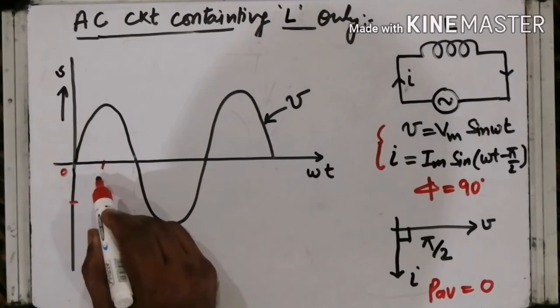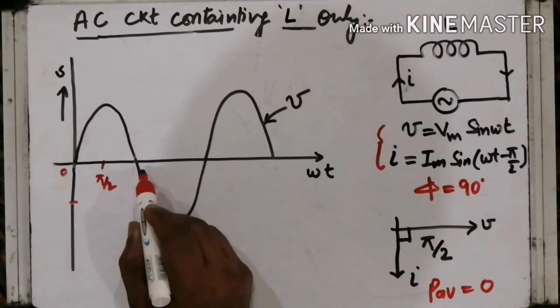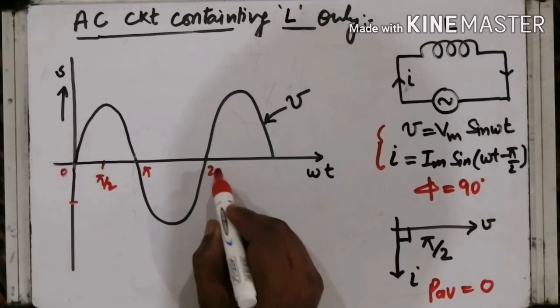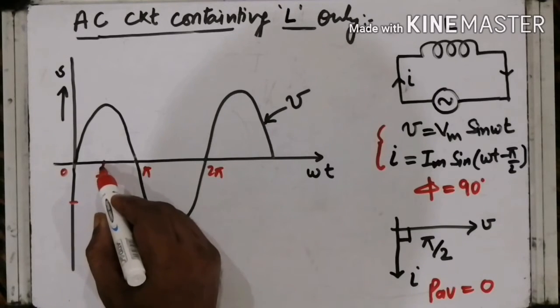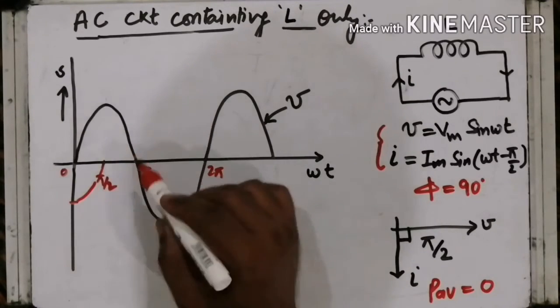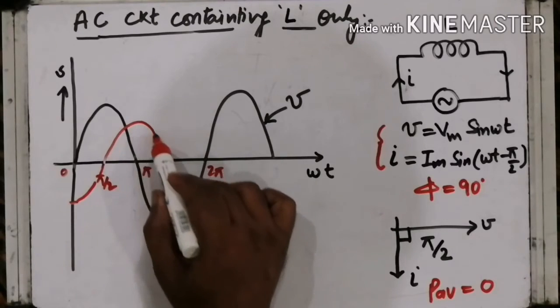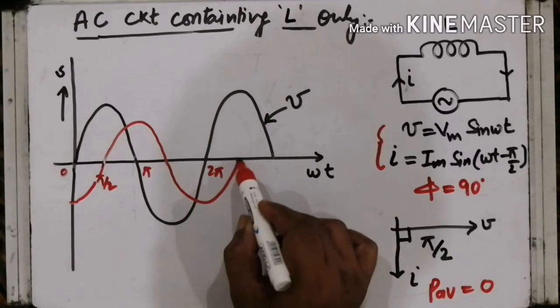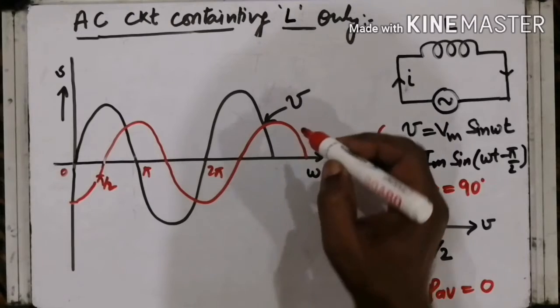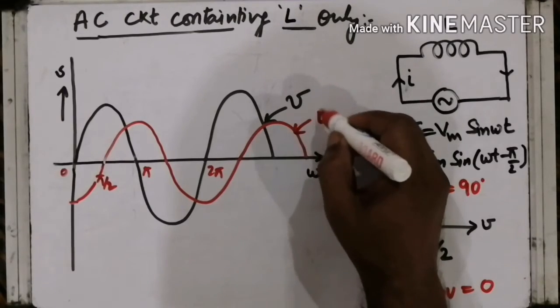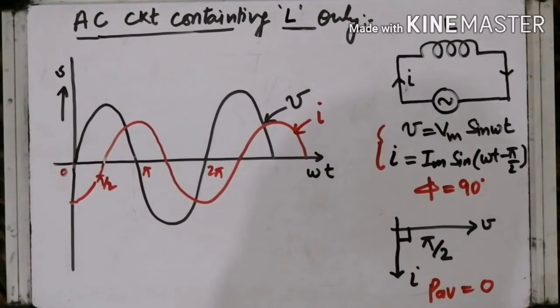This one is 0, this one is pi by 2, this is pi, this is 2 pi. So it lags behind. So it is something like this. So this is all about the waveform of the current.